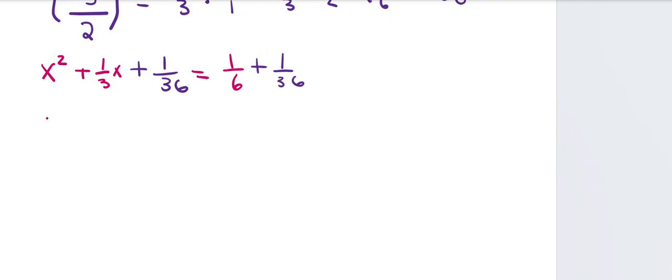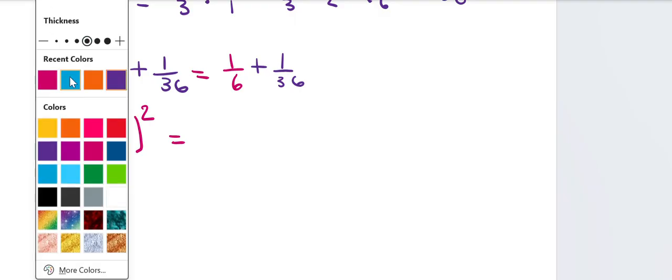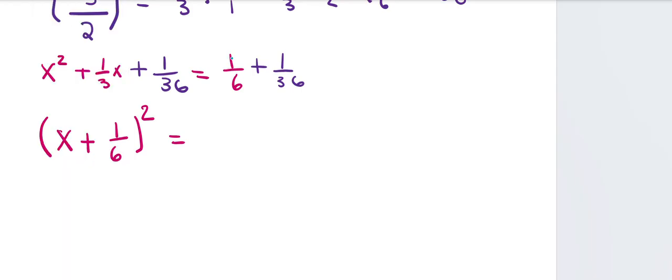So the left side, again, becomes a perfect square trinomial. Square root of x squared is just x. Always take this sign, so it will be plus. 1 over 36, square root of 1 over 36 is 1 over 6. On the right side, we are going to find the least common denominator of those two.